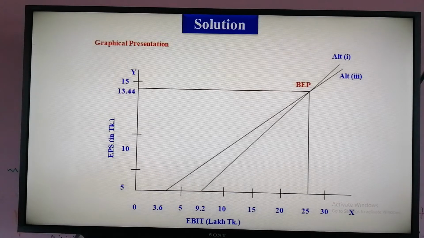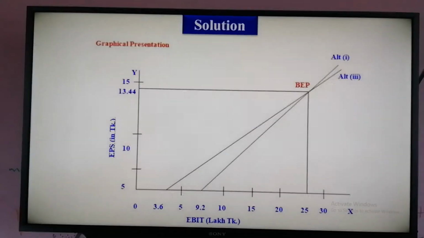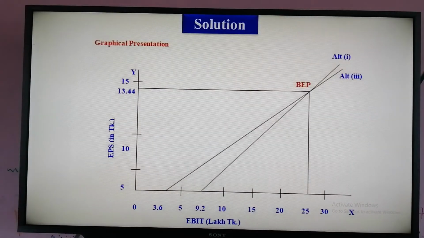Indifference point of EBIT, that was 27 lakh 12,000. You need the EPS at the indifference point of EBIT, that was 13.44. You need the interest of the given alternatives 1 and 3, 9.2 lakh for 1 and 3.6 lakh for 3.